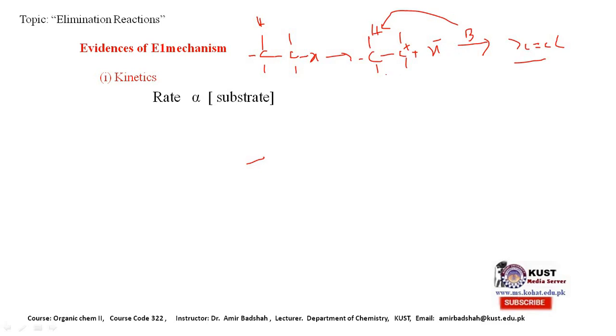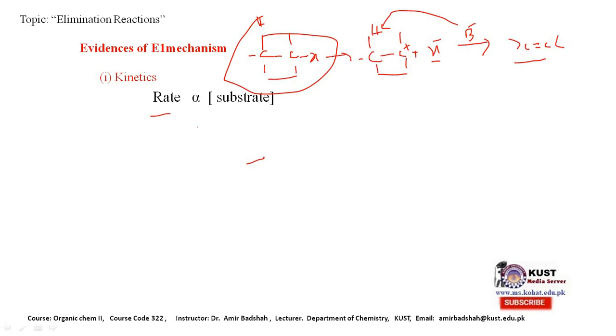In the fast step there are two species involved, this intermediate and the base, and in the slow step only the substrate is involved. Here this step is slow, so the rate only depends upon the concentration of the substrate, not upon the concentration of the base.